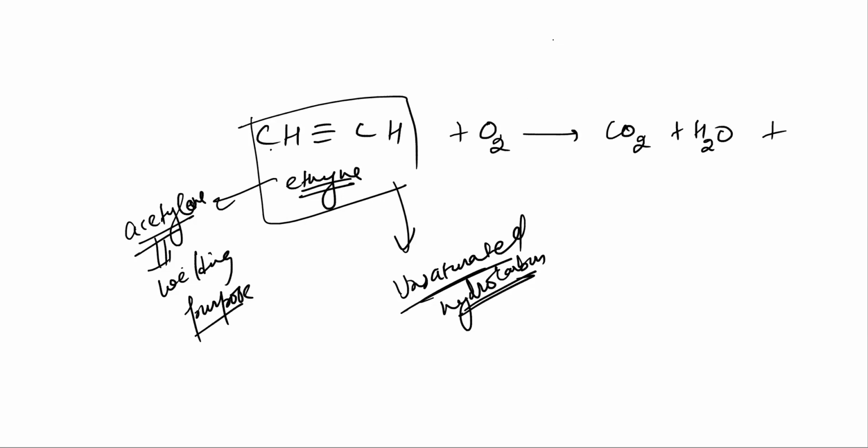Incomplete combustion means carbon is not burning, so it will not produce the amount of heat required for welding. In welding, we need a large amount of heat so that the metal can be melted, and the purpose of welding is done.